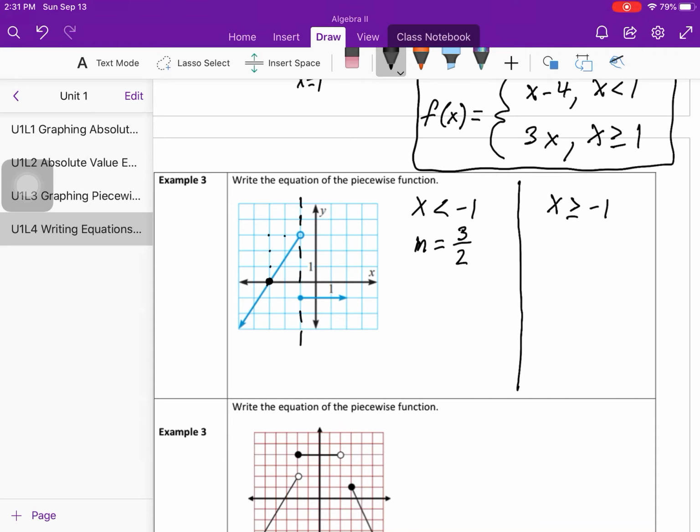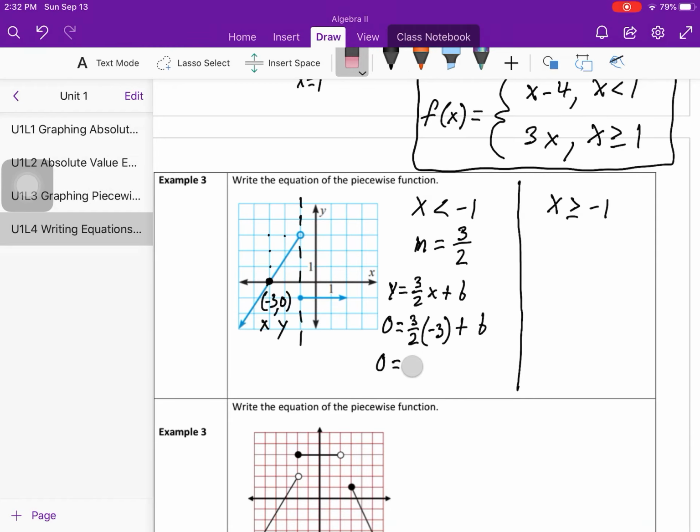And then the b value on this one is a little bit trickier. We do have to solve. So if we don't know what b is, what we do is y equals, we know 3/2 x so far, and then plus b. So we need to pick a point that we could plug into this equation to solve for b. A nice point on this one would actually be -3, 0. So we get 0 equals 3/2 times -3. This is my x and y that I'm plugging in for. And then I'm adding b. So 0 equals, when I multiply those, I get -9/2 or -4.5.